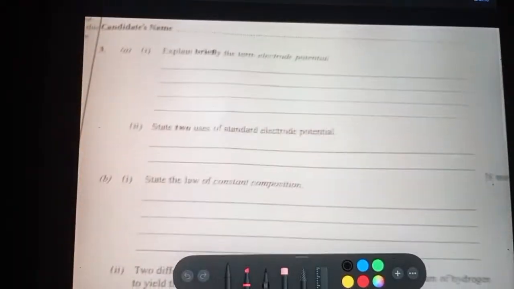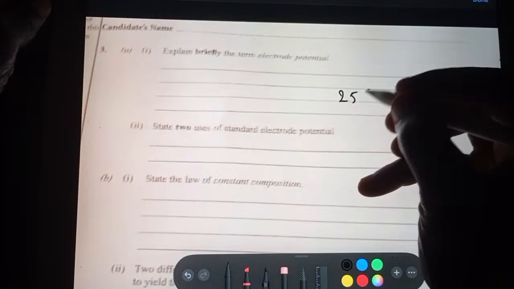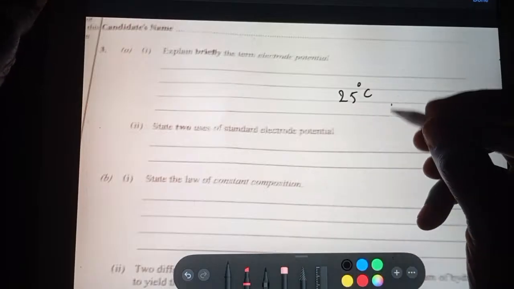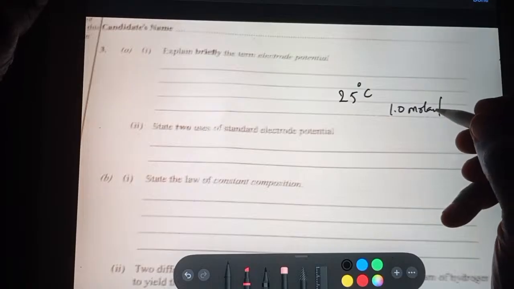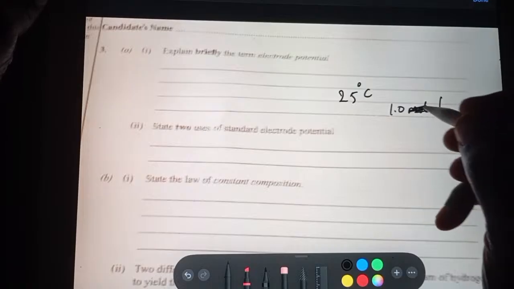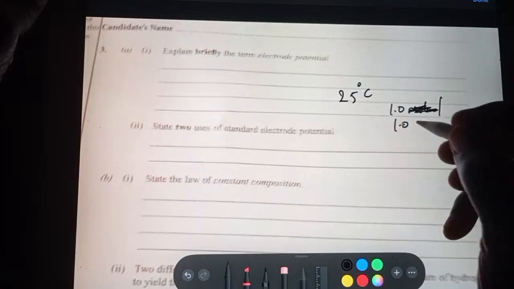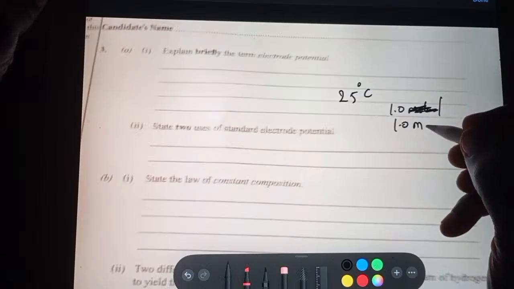So we must be careful about the situation here. Standard electrode potential, you must mention the temperature 25 degrees. It must be 1.0 mole per dm cube. That's a molar solution, 1 mole per dm cube. So these are the standard conditions.